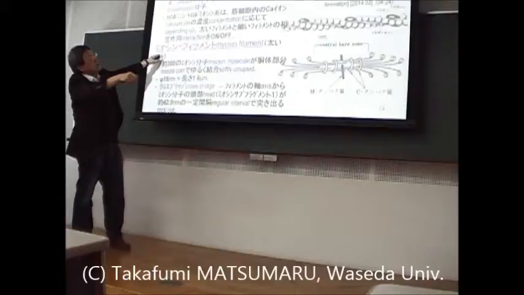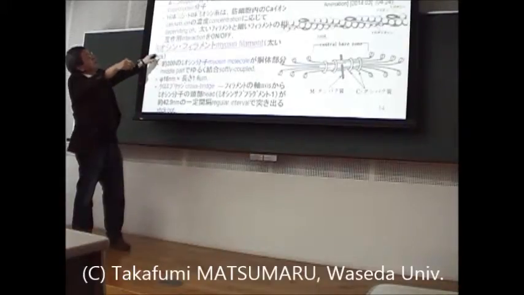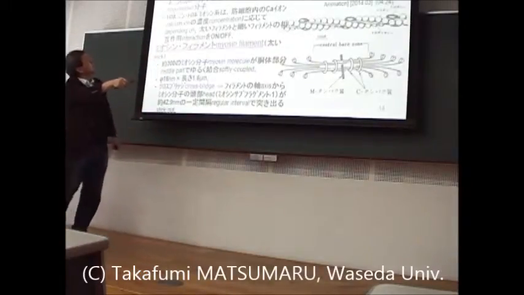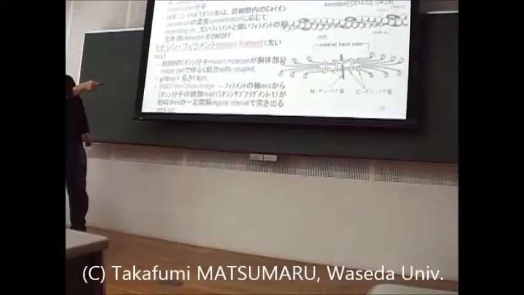The thick filament looks like this, and the actin filament, the thin filament, looks like this, like a double spiral molecule serially connected.